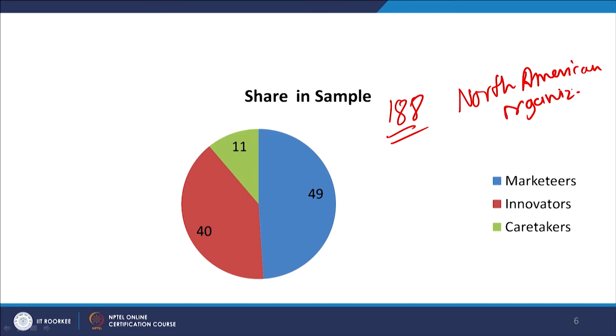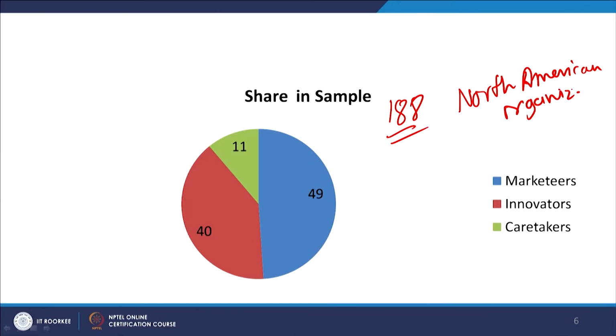So, most of the organizations feel that if we are market oriented, the chances of success are highest. 40% of the organizations were innovators, those developing new products regularly at a faster rate, and only a very small percentage of organizations, 11%, were caretakers.